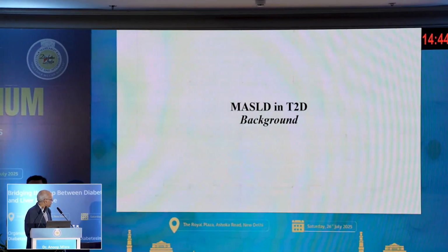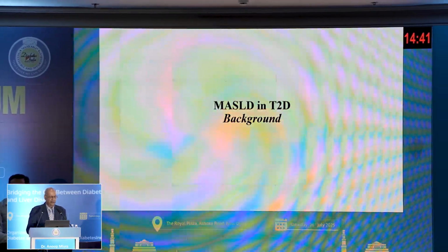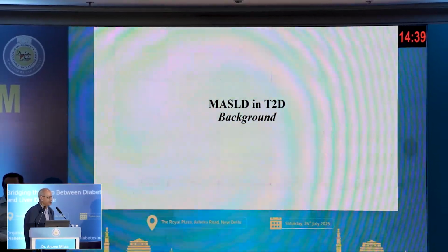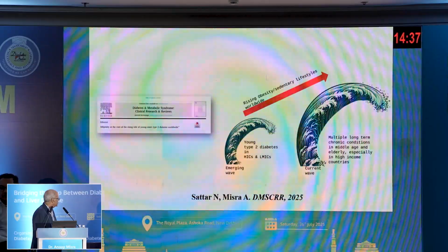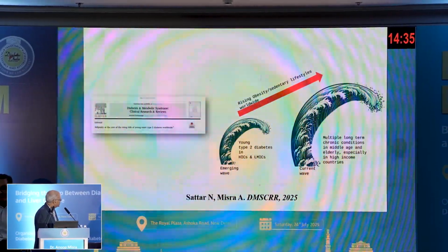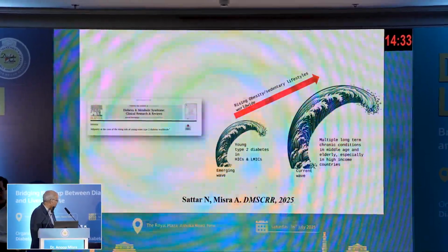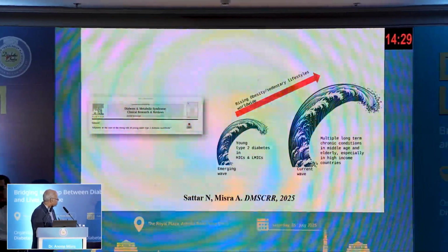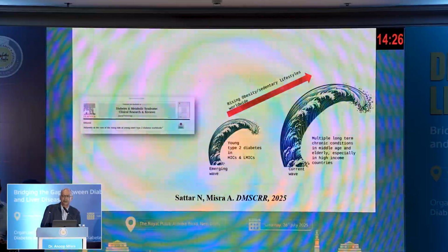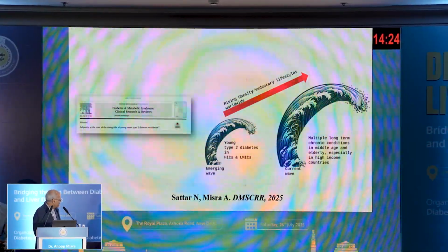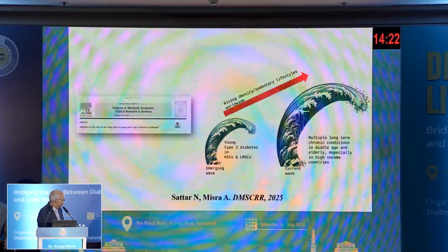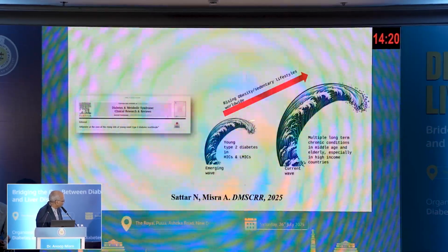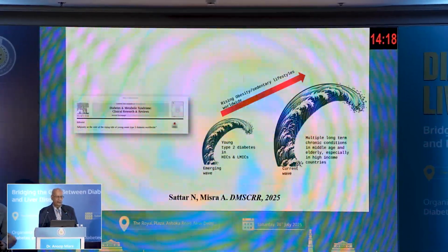Just the background as far as this presentation is concerned, I'll quickly run through a couple of slides and a couple of our recent publications. This is our editorial on adiposity as the core of the tide of young, youth-onset type 2 diabetes. This was published just a couple of days back, and you can see how the tide is going up and the obesity at the core, which is what we have been talking about.